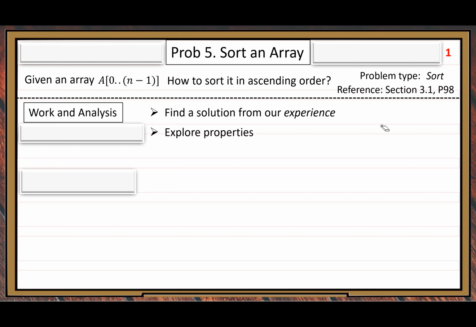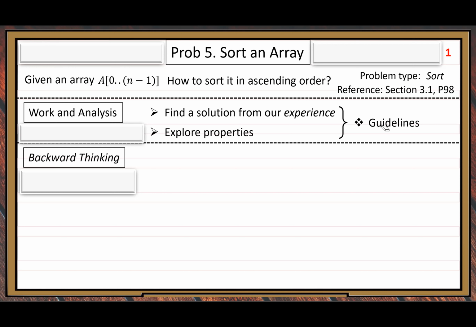You have many different angles you can look at this question. Here, we try to explore some special property. That's because these 2 things are very general, right? Not for this particular problem, for general problem. So our guidelines.